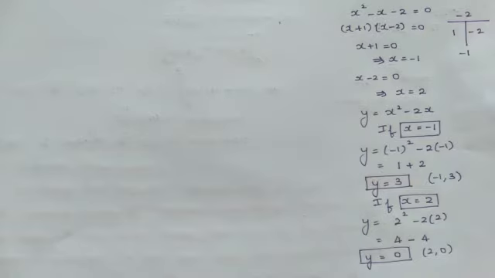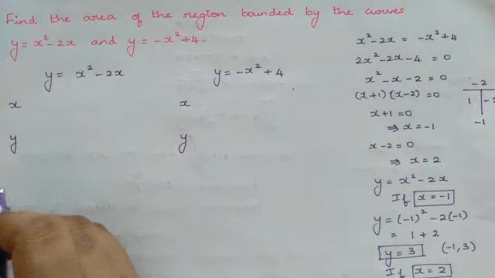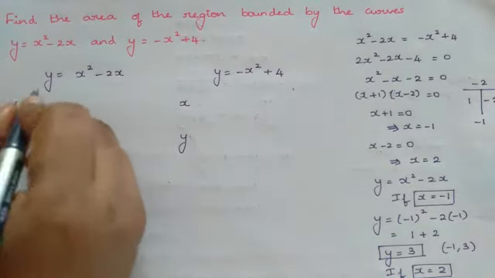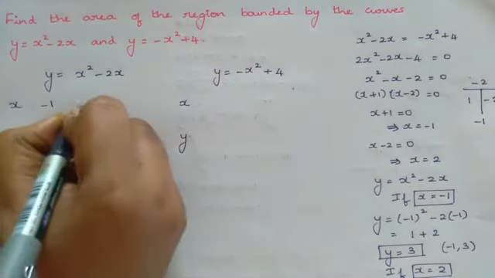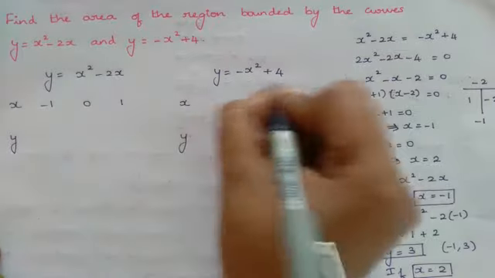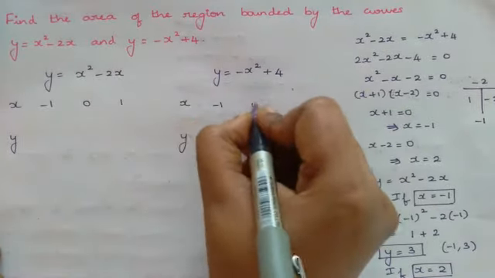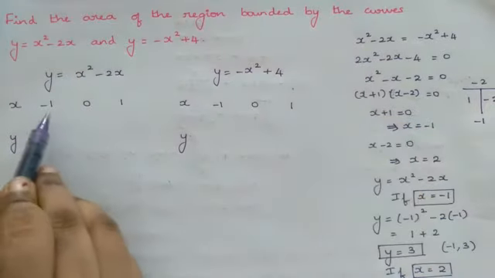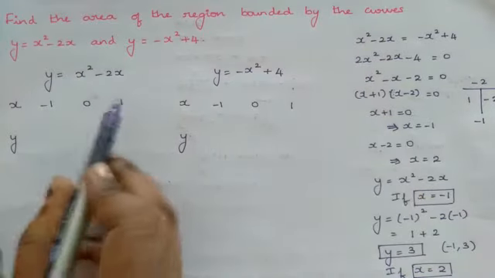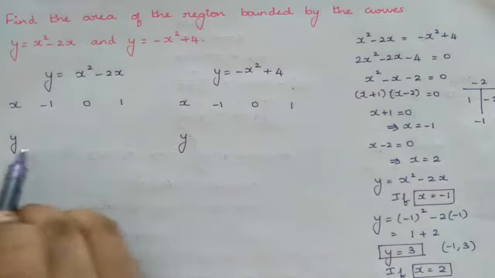Now let's draw a rough sketch of these two parabolas and identify the region for which we are going to find the area. Let's give values for x for this equation: minus 1, 0, 1. For these three values of x, let's identify the corresponding values of y.